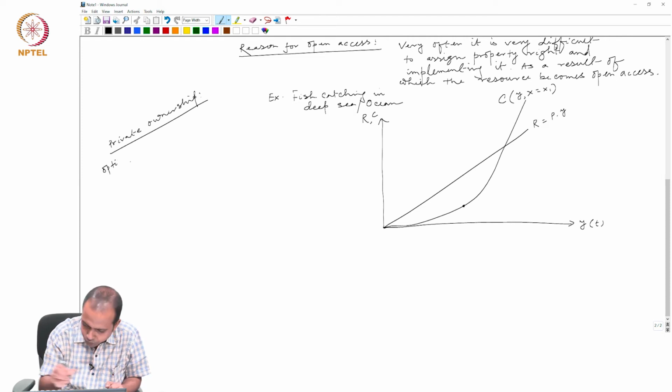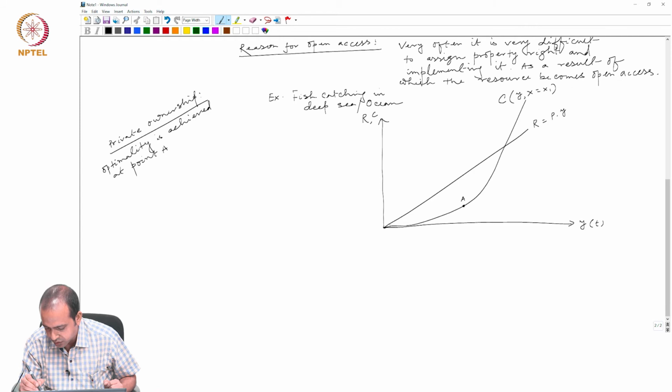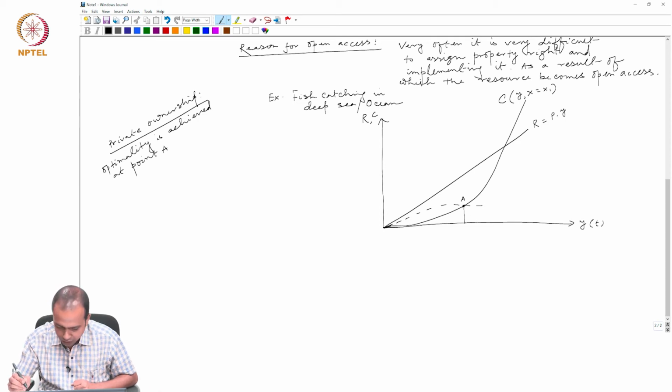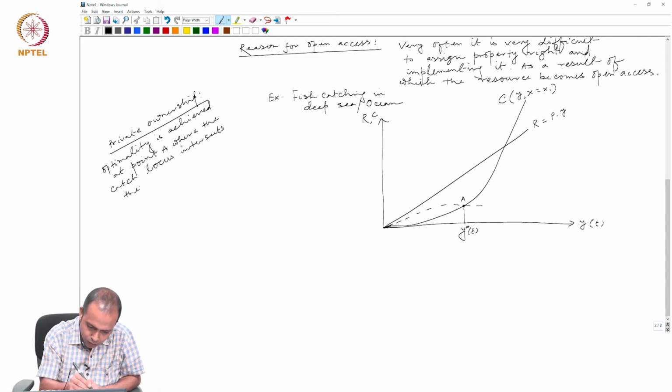Optimality is achieved at point A, where you have the cost curve and the catch locus, and this is yt star. It is achieved at A, where the catch locus intersects the cost function.